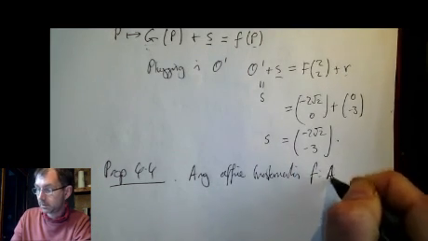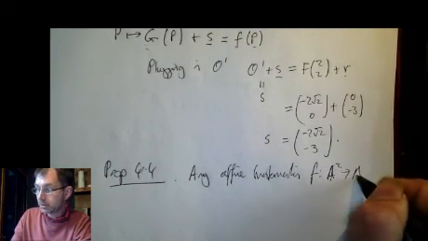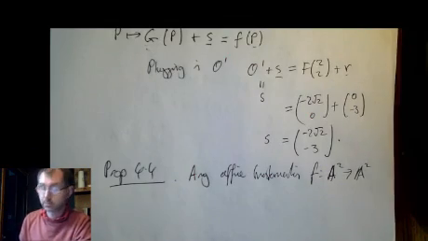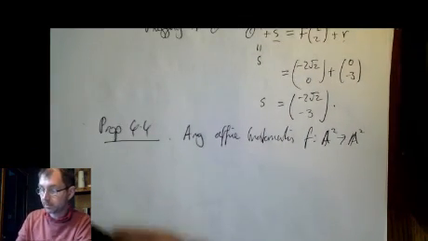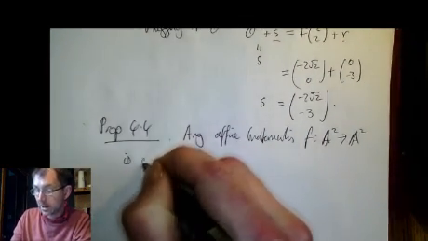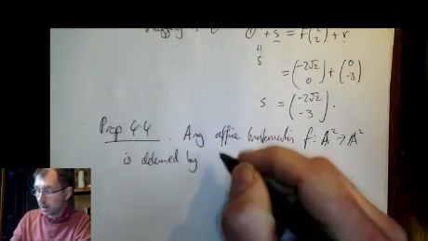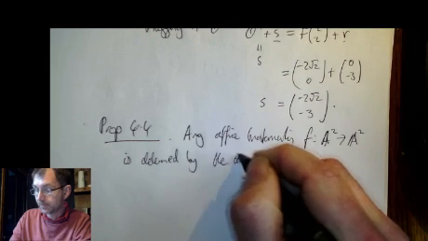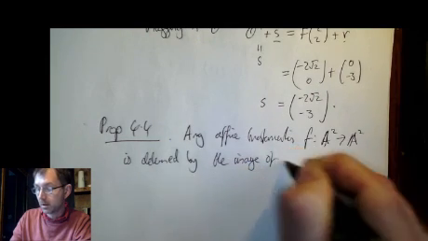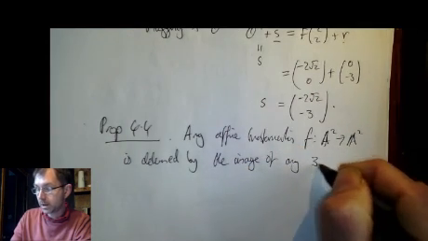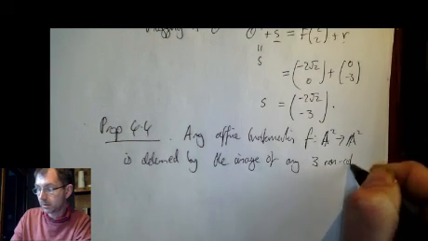F sending A2 to A2, so two-dimensional affine space, is determined by the image of any three non-collinear points.